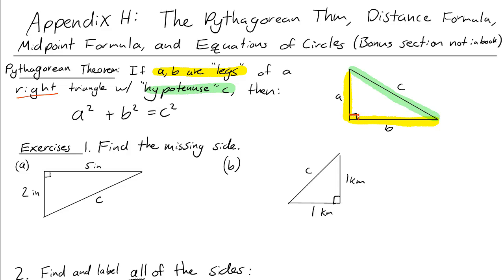With other shapes of triangles, it's not true. So let's use this to find the missing side here. What we're given are the legs 2 and 5. If the missing side here is C, then we can plug in the 2 for the A and the 5 for the B, because these are the sides adjacent to the right angle, to that 90-degree angle. So I'm going to plug them in to the formula here.